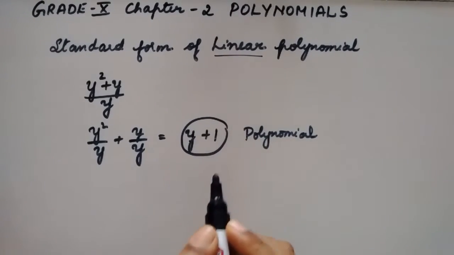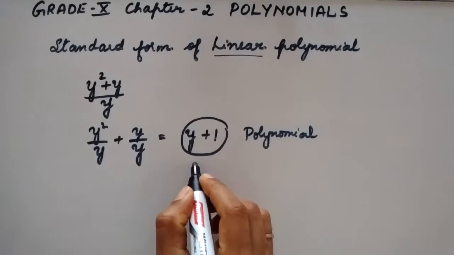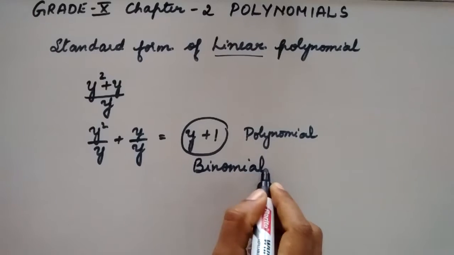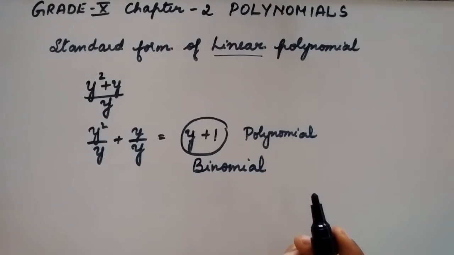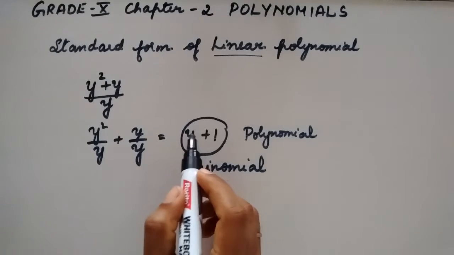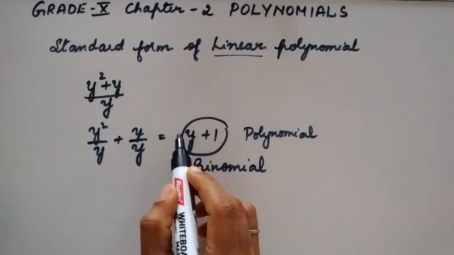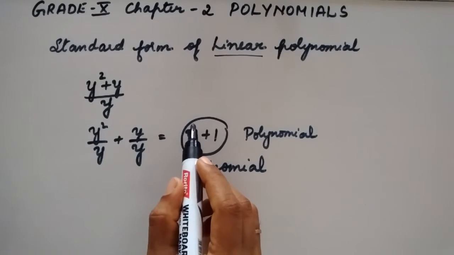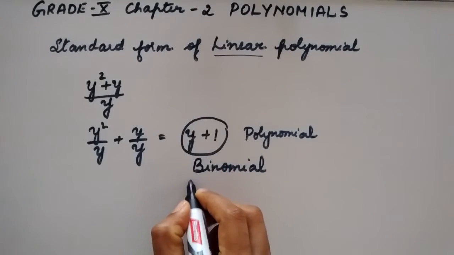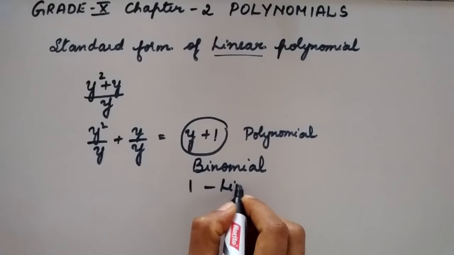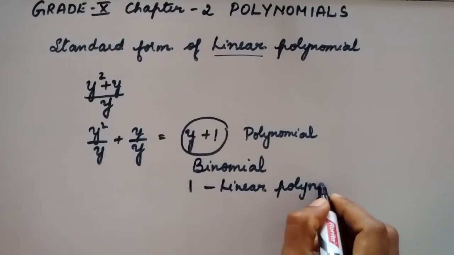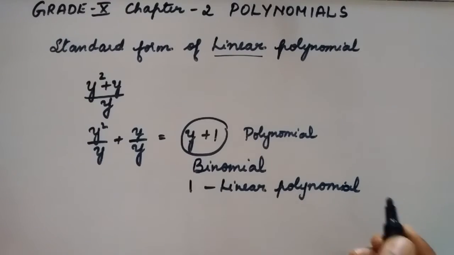So on the basis of terms, since it contains two terms, it is called the binomial. And on the basis of degree, what is the power of the variable here? The power of the variable is 1, isn't it? Since the power of the variable is 1, it is called the linear polynomial.